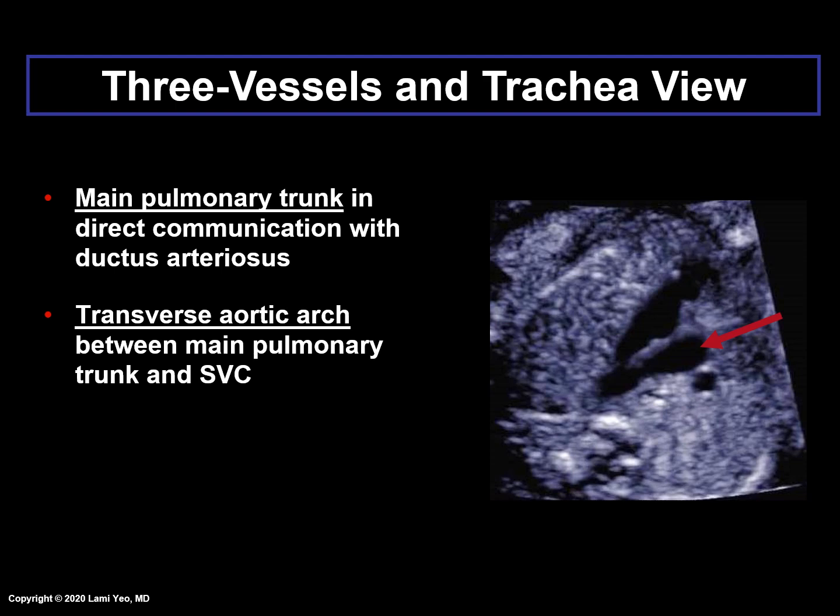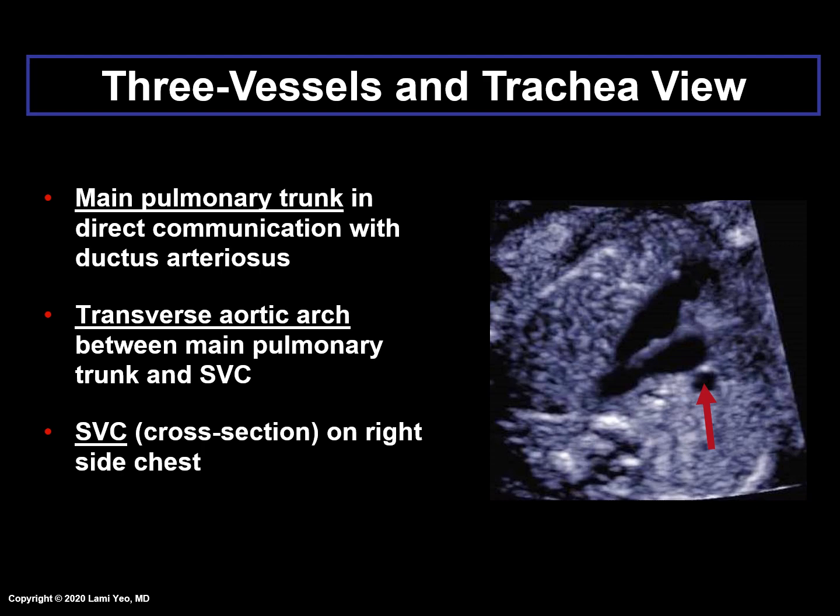The transverse aortic arch, or dolphin, is located between the main pulmonary trunk and superior vena cava. The superior vena cava has the smallest diameter of the vessels, is the most posterior, and is rightwards. The trachea, which is seen as an echogenic ring surrounding a small fluid-filled space, is located posterior to the superior vena cava.